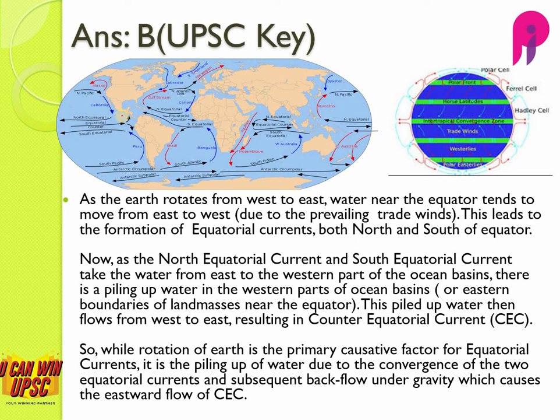This is mainly due to the prevailing trade winds, and when this happens, the equatorial currents flow from east to west, that is north equatorial current and south equatorial current, and these two converge at a point at the land area, and after the convergence, there is an equatorial counter current, and this flows from west to east.